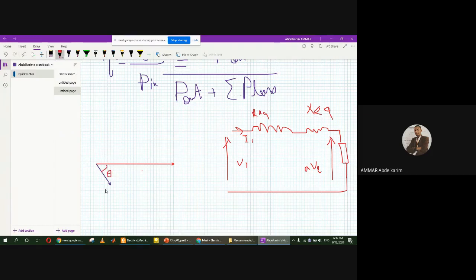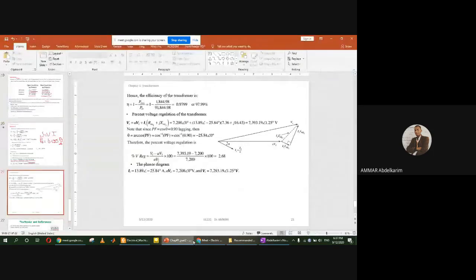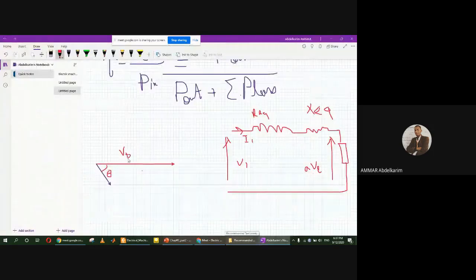So this is the angle theta. Now, this is V1, sorry, this is AV2. This is the voltage across the load.